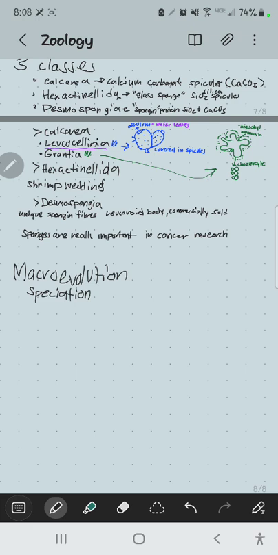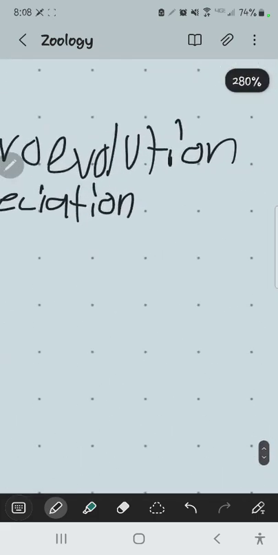Species concepts have been around for several hundred years, and the first one we can talk about is Linnaeus, who invented the whole concept of genus to species. The species name, a genus and species combined together, was created by Linnaeus.